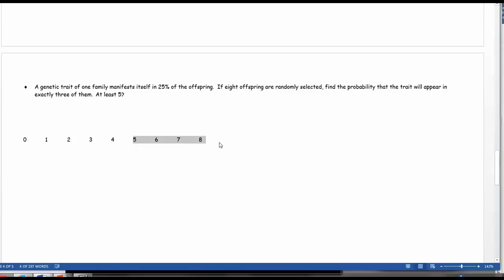Any of those numbers would be fine. But remember, our CDF function measures things in terms of less than. So do I want 5 included in there, or do I want 4 included in there? What do I want to do with that? Let's think about that for a second.